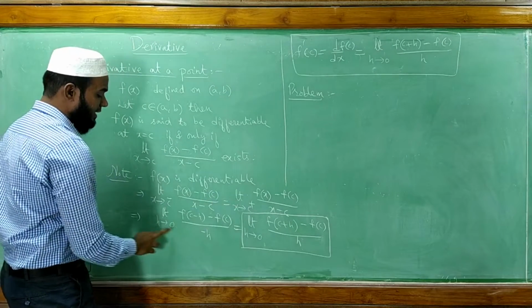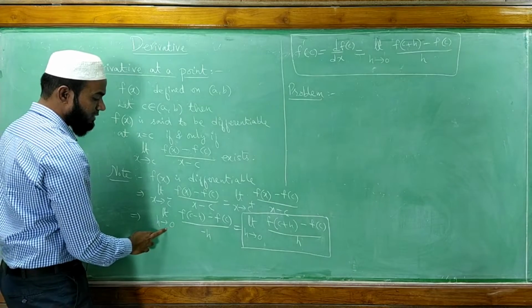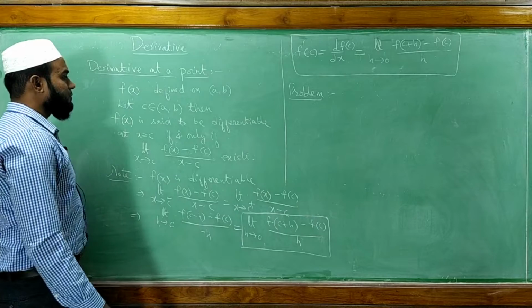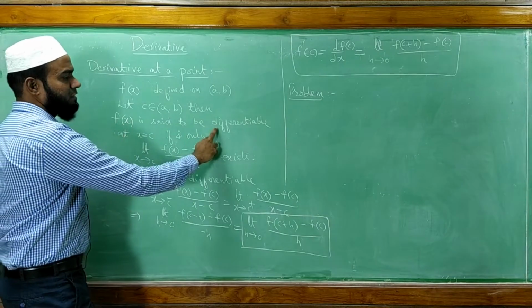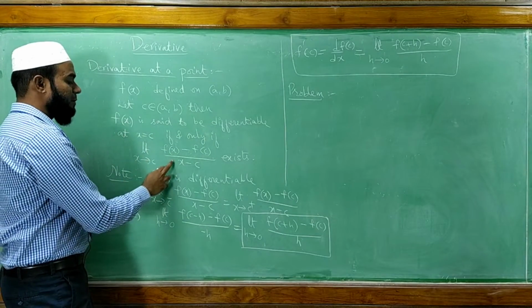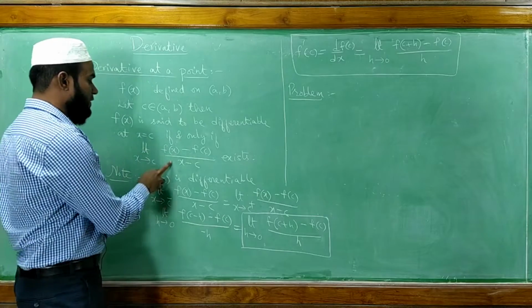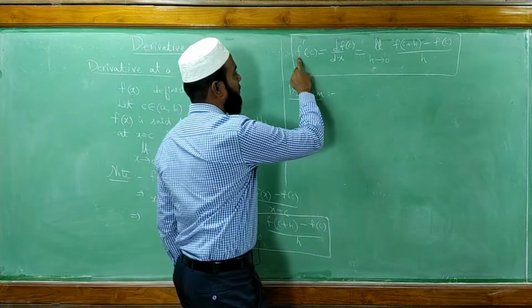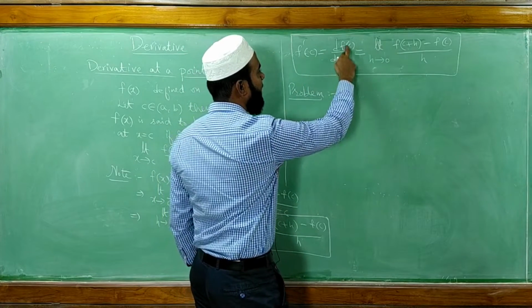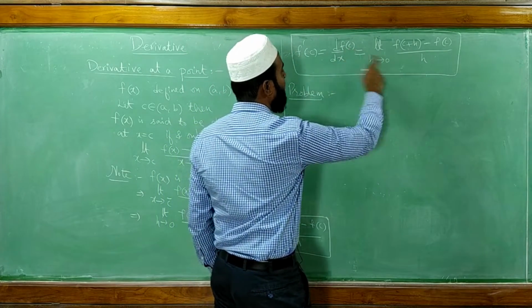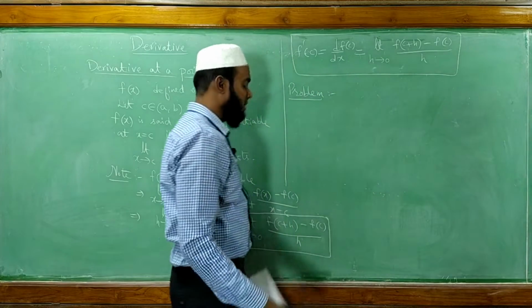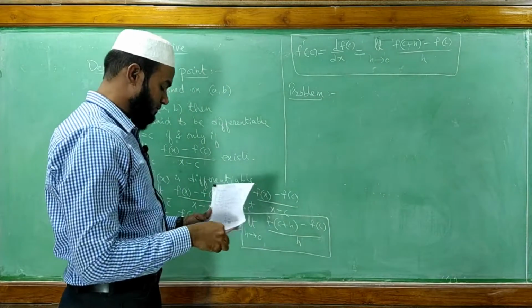By using h, we can write these two limits in this form, right? Since f of x is differentiable, I need a notation for representing this limit. Whatever the limit I am going to get, that is denoted by the derivative of f at the point c, or df by dx at the point c, and the value of this derivative is given by this limit, right? Students, now we will see one problem.